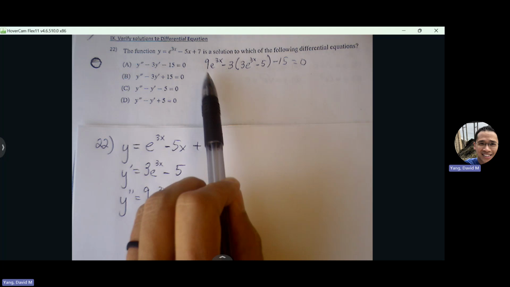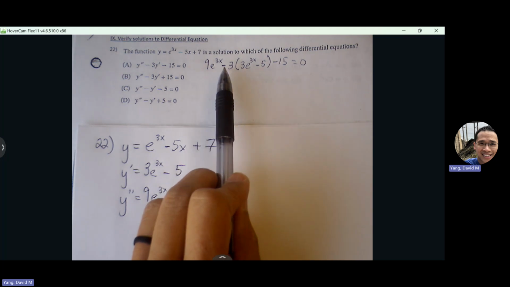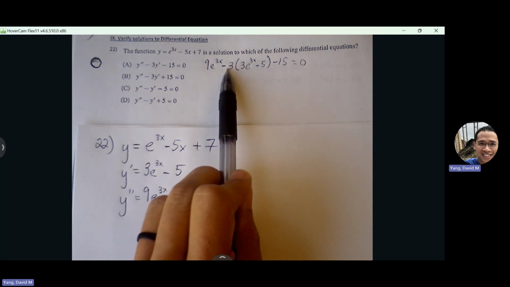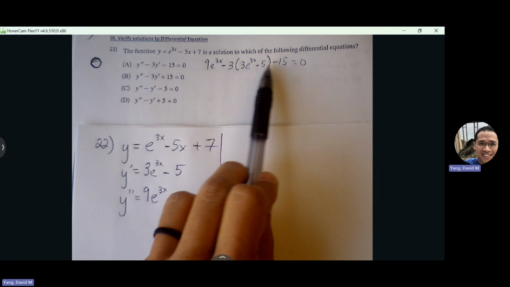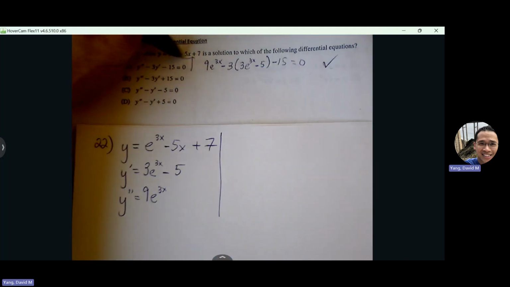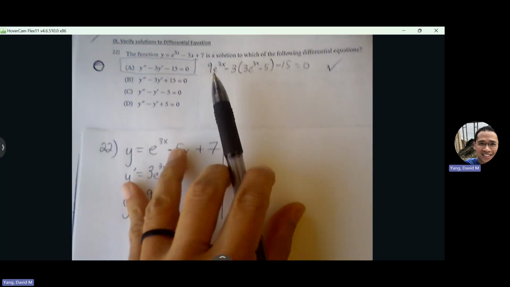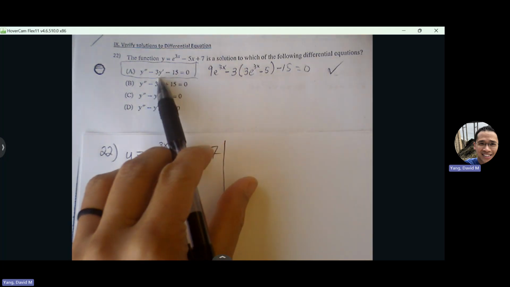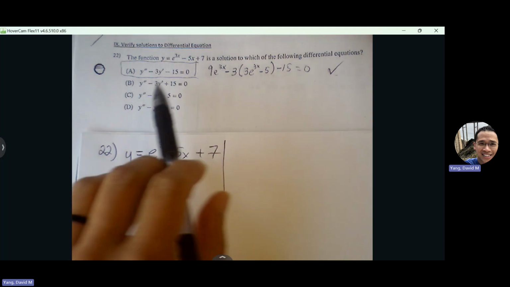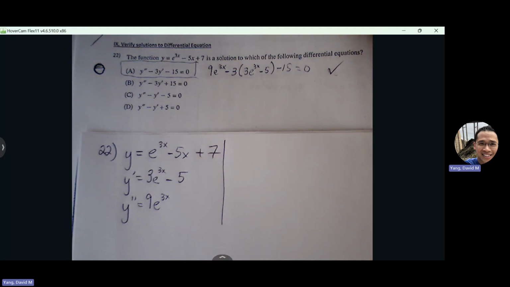And this one does, because 9e to the 3x minus 9e to the 3x will give us 0. Negative 3 times negative 5 is 15. 15 minus 15 is 0. So this one works. We don't have to go through the other options. So all we're doing for these problems is finding the derivatives that are asked of you, and then plugging into the answer choices to see which one comes out correct.